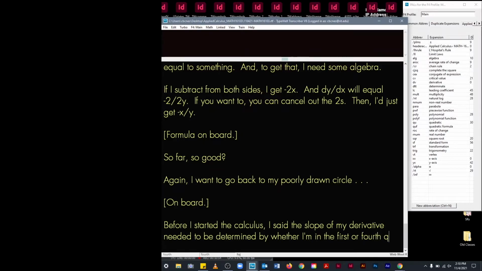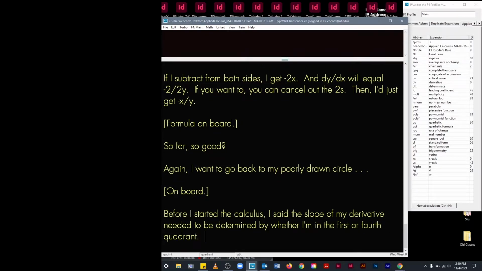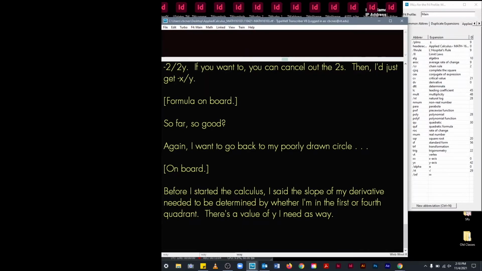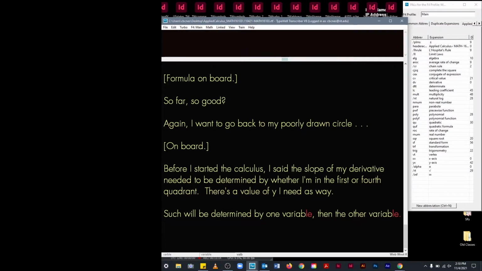So the value of my tangent slope is a ratio between negative x and positive y. It's not just determined by the value of one variable. It's one variable and the other variable. Does this make sense so far? I'm really happy.